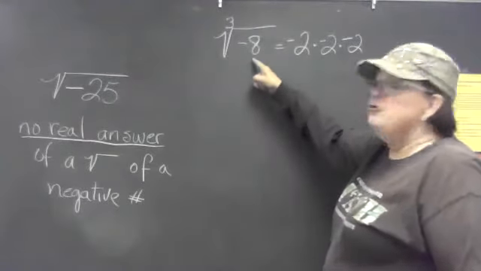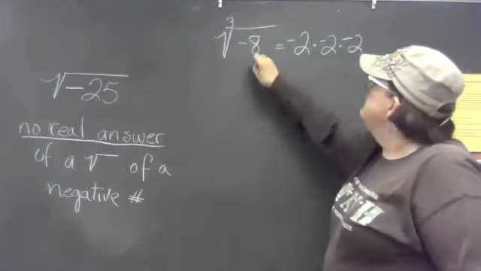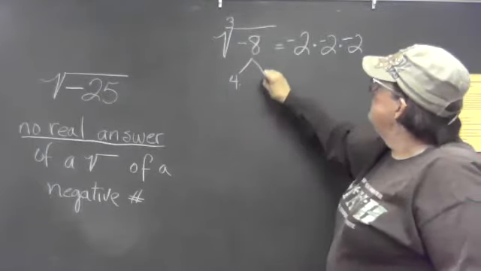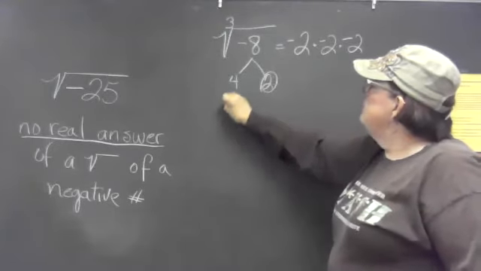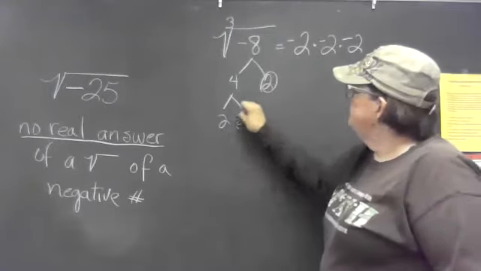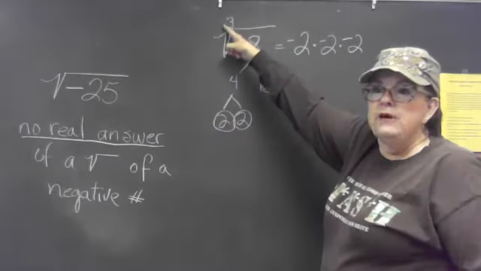If you're doing a factor tree for negative 8, then you're going to say 4, we're going to ignore the negative for a minute, 4 times 2, and then we're going to say 2 times 2, okay? This one wants groups of 3, right?